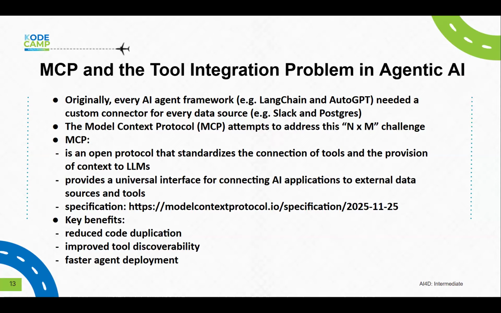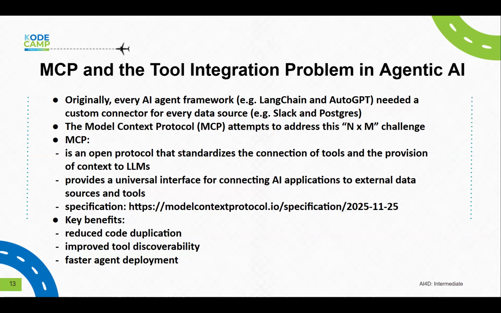Of course, there were data sources before agents. Now, for you to connect a data source to an agent framework, you had to build a custom connector. The implication was that for every agent framework, you needed a custom connector for the agents that you're building with that framework to have access to it.